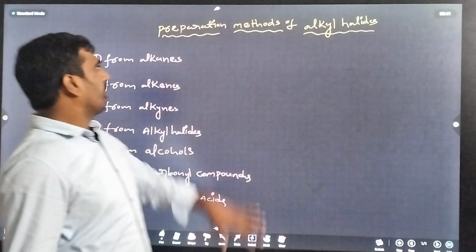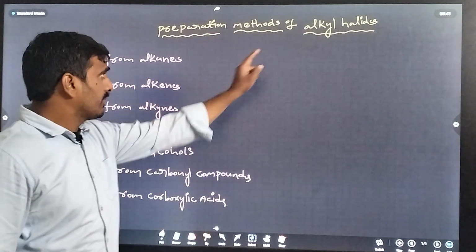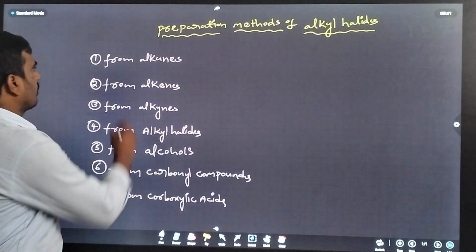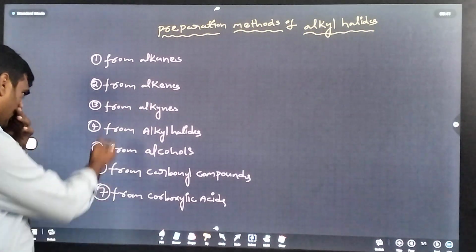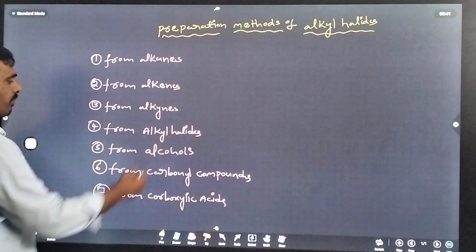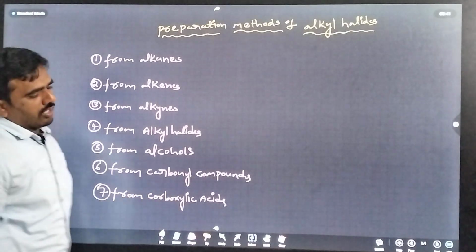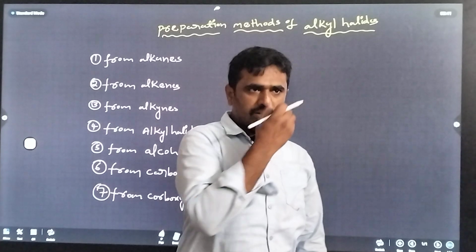So there are 7 methods in the preparation of alkyl halides or haloalkanes: from alkanes, from alkenes, from alkynes, from alkyl halides, from alcohols, from carbonyl compounds, and from carboxylic acids.